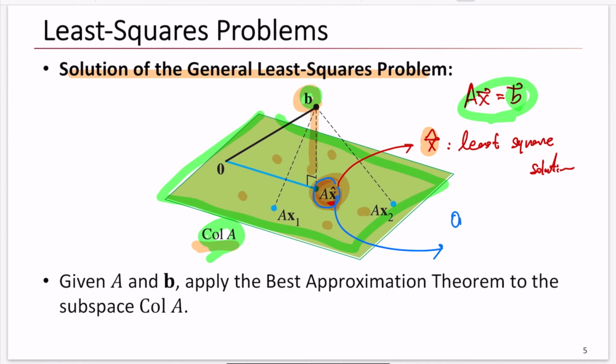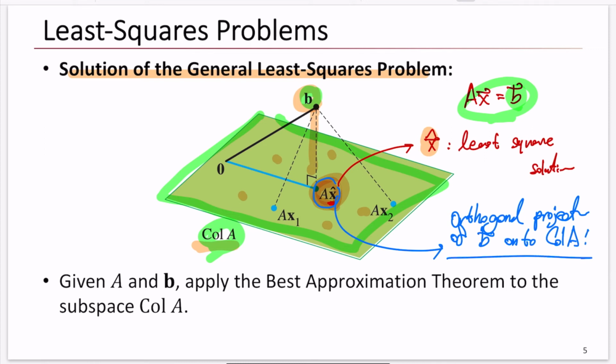This is also the projection of b onto the column space of matrix A. So what we want to do is use this property to find x hat.